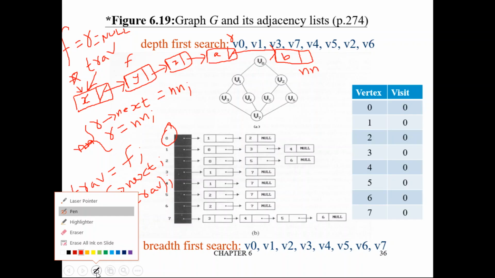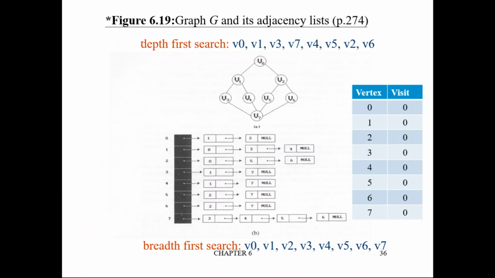So this is the logic for implementing queue using linked list. Now let us see how this can be used for breadth first search. First we visit node 0, and we display that.